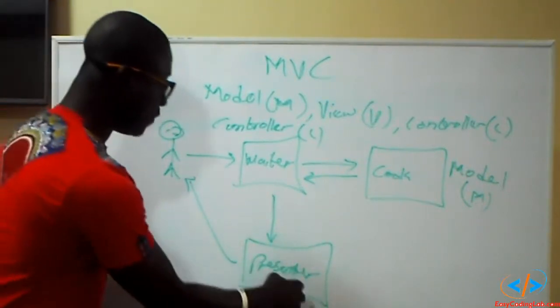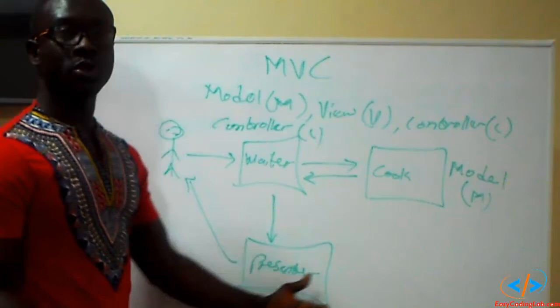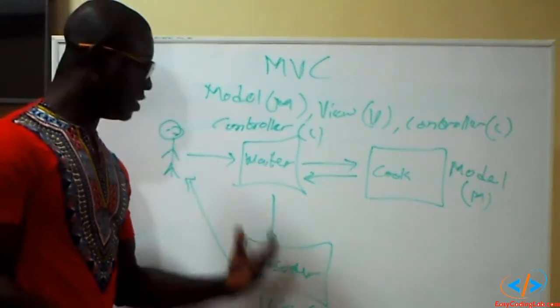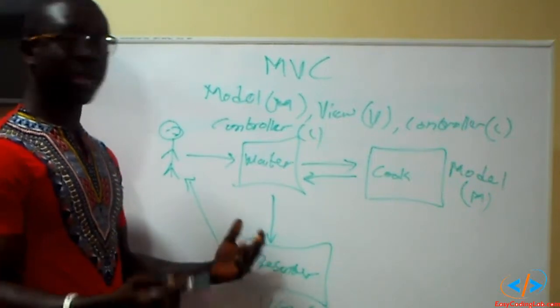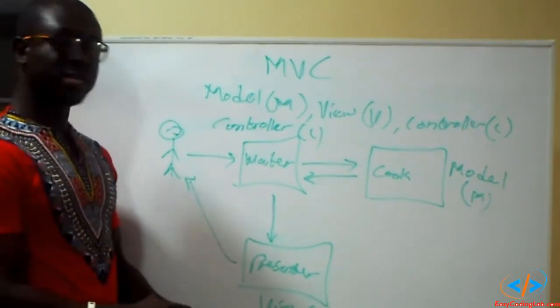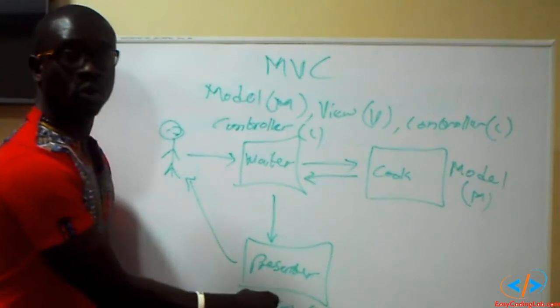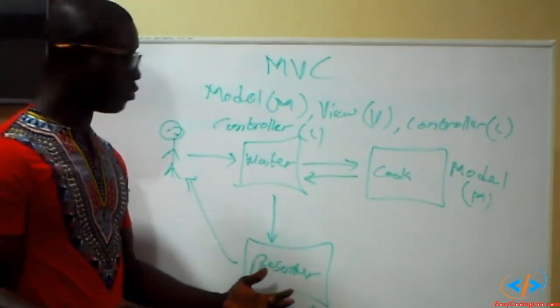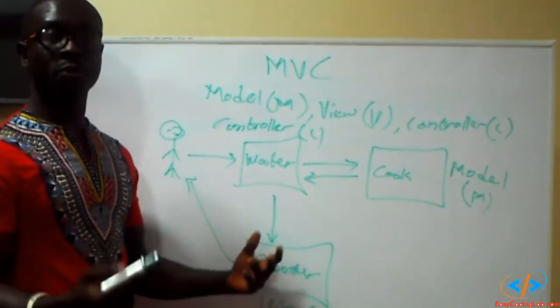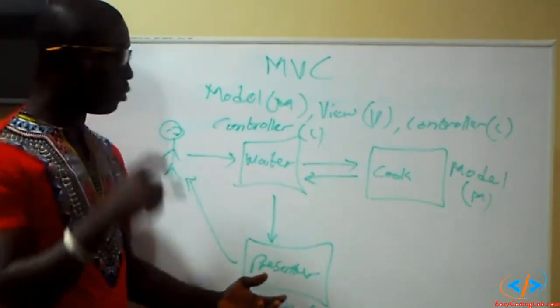So the presenter, which is the view here, is where you do your CSS, your jQuery, your Ajax to make your page look very presentable to the end user. So what the end user actually sees is the view, which is very presentable and very appealing to the human eye, and makes the information very readable.